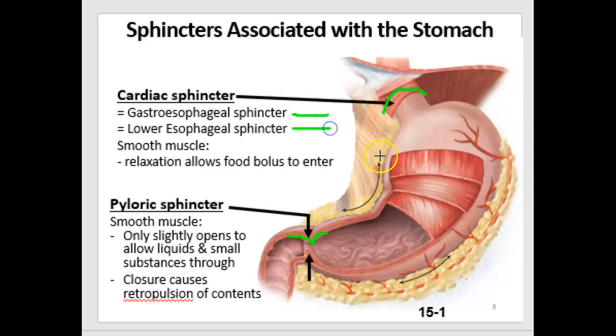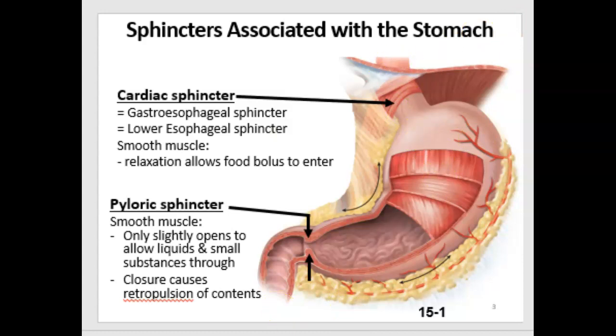And this one is the lower of the 2. So sometimes it's also called the lower esophageal sphincter. I'll call it the cardiac sphincter because we're dealing with just the stomach here. It's composed of smooth muscle, and it relaxes to allow a food bolus that has traveled down the esophagus to enter the stomach. So it has to relax for a food bolus to enter the stomach.